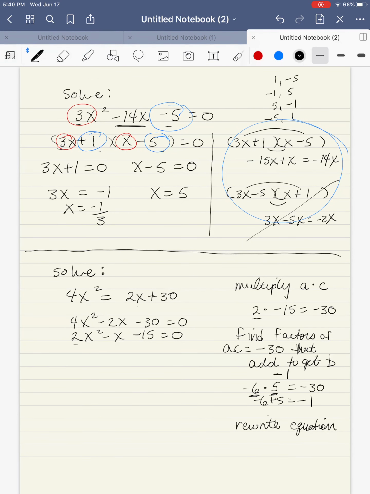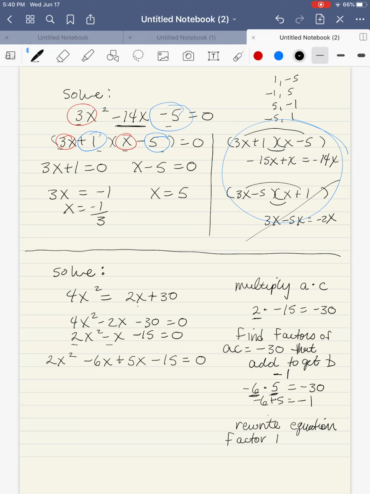We're going to split this apart into the two separate terms, and we see that they're going to be -6x and 5x. The 2x squared is going to stay the same, and the -15 is going to stay the same, and the equals 0 will stay the same. And what we're doing is breaking this minus x into those two separate middle terms, the outer and the inner terms.